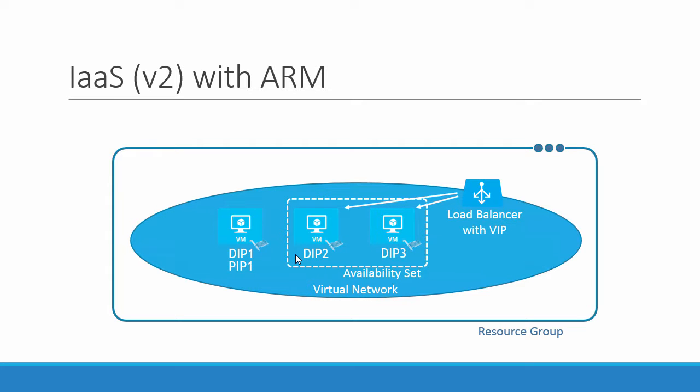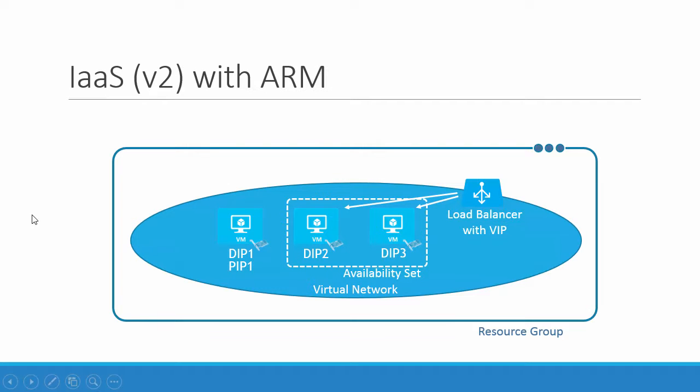And I can assign a VIP to a load balancer or an instance level public IP directly to a VM. Endpoints are gone. They're now just NAT rules on a load balancer. VMs are always placed in a virtual network. So whereas in the Azure Service Manager, the cloud services, a virtual network was optional, it's now mandatory. You cannot create an Azure Resource Manager VM not in a virtual network.